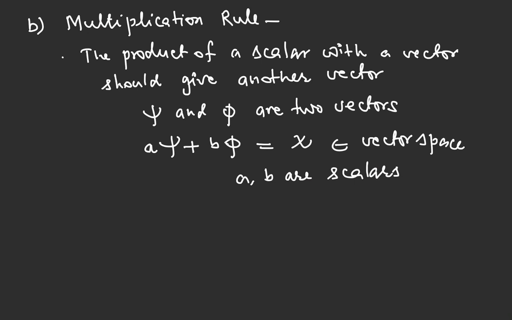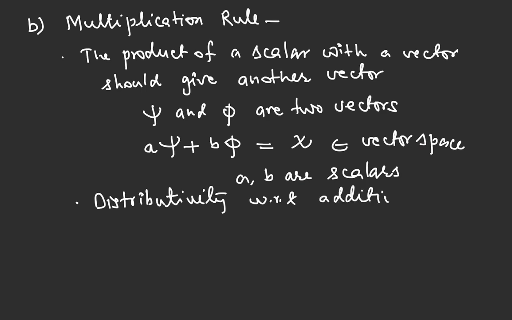Under the multiplication rule, it should have the distributivity principle with respect to addition, such that a scalar multiplied with the addition of two vectors psi and phi is equal to a psi plus a phi.